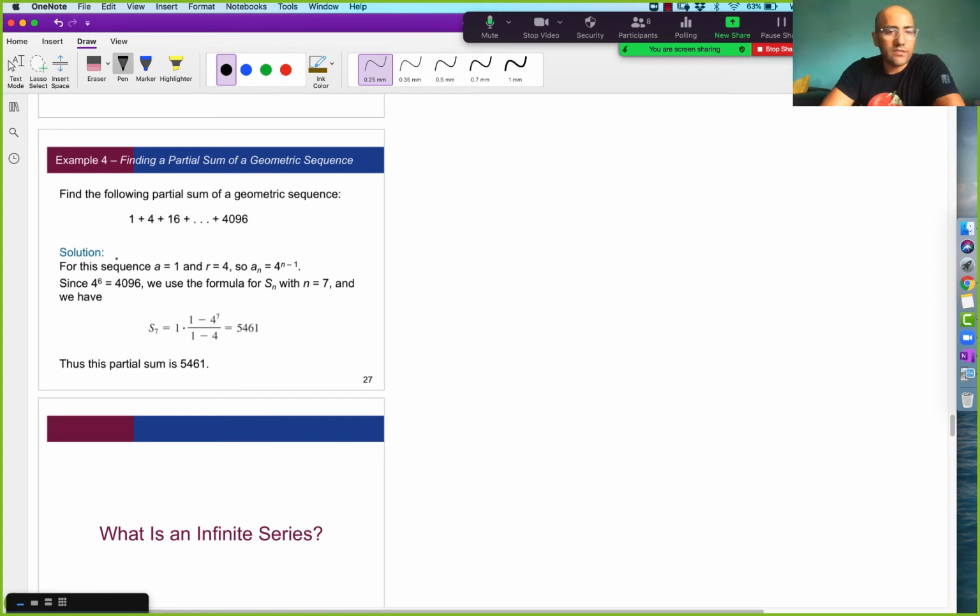So here is the sequence, noting that a is 1, the common ratio is 4, and then from that you can get the closed formula, 4 to the n minus 1, then 4 to the 6th power equals 4,096, so that's how we were able to figure out that n is equal to 7. Plug it into this formula and you get the same answer, 5,461. Questions?